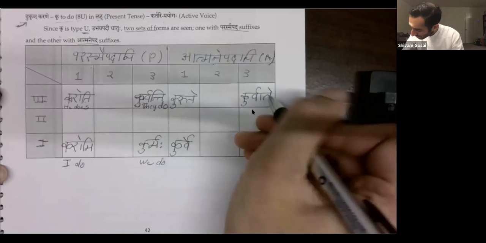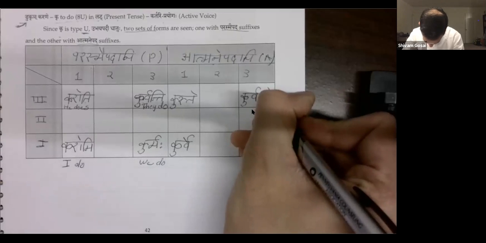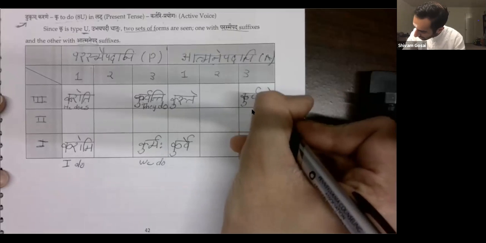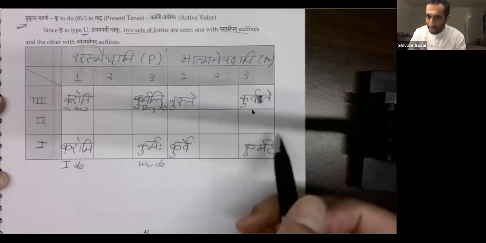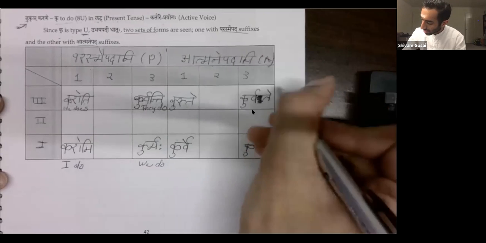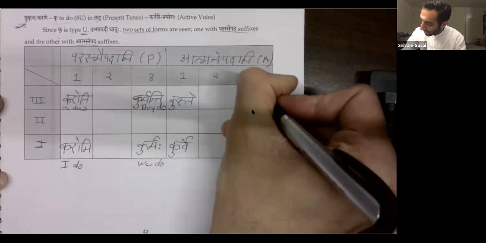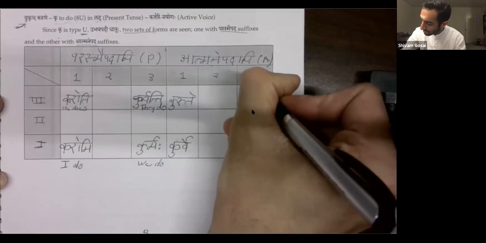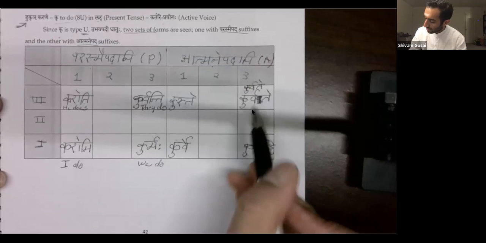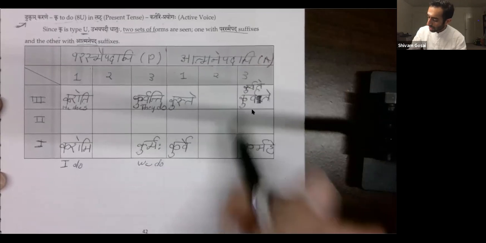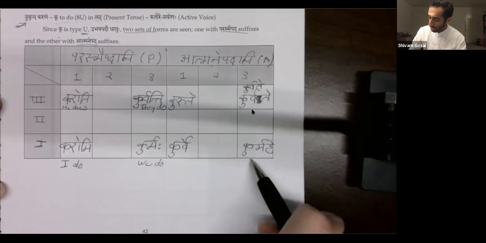Sorry, there's one extra marking I added here, if you notice. Kurvate, so kurute, kurvate, kurve, and kurmahe.